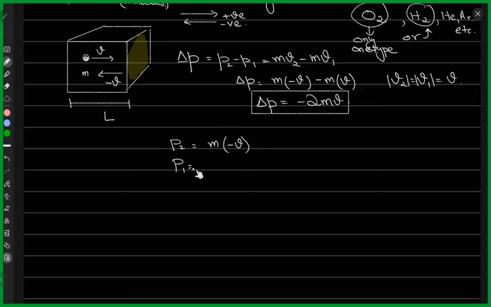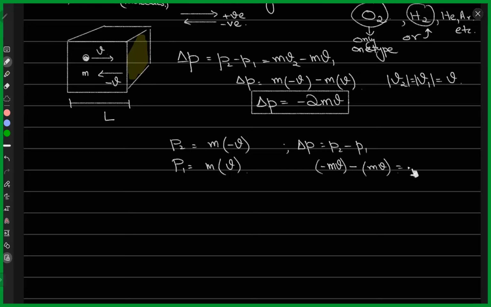And P1 is the initial momentum, because of the initial velocity, where m is the mass, times velocity in the right direction, which is plus v. So this is P2 and P1. Now the difference in momentum is P2 minus P1. I'll substitute the values: P2 is minus mv, and then we have this minus sign, and then P1 is mv. So that's how we got it.